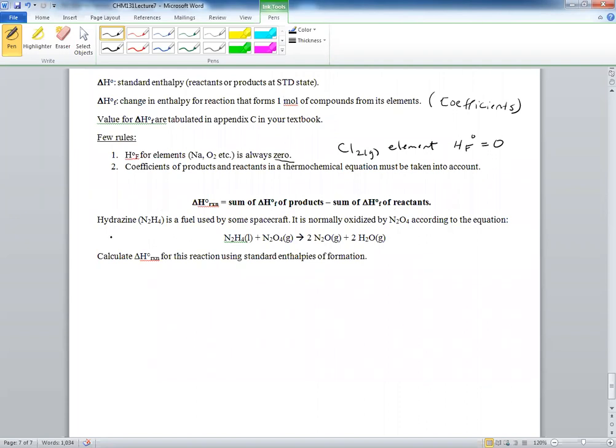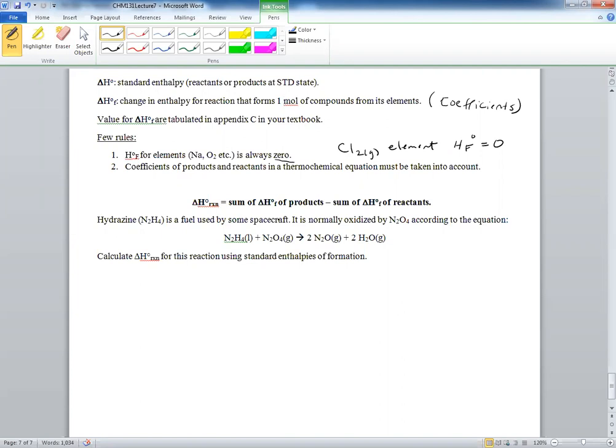So when you get a problem like this, you may be asked to calculate for delta H of the reaction, or it might give you the delta H of the reaction and everything else, but you may need to calculate for one of those the heat of formation for one of those compounds, whether it's the reactant or the products.